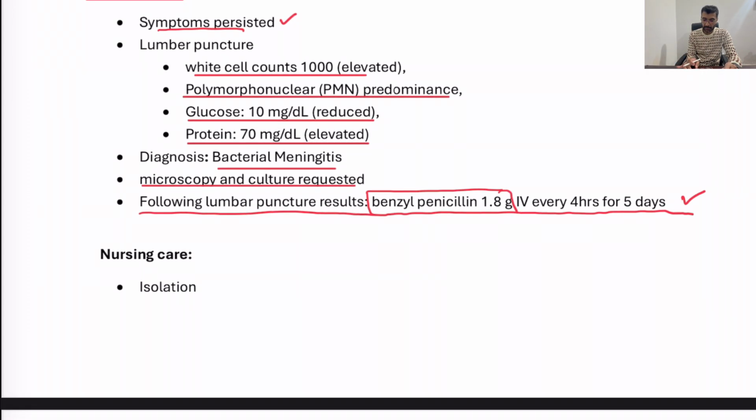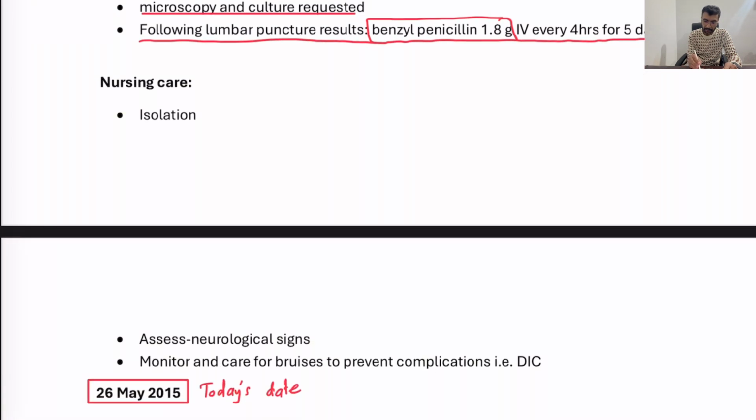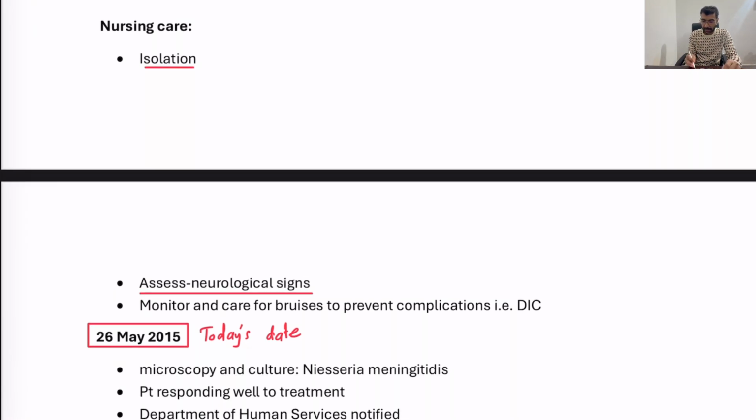Then nursing care. With regard to nursing care, the patient was isolated. The patient was assessed for neurological signs, like seizures. Then monitor and care for the bruises to prevent complications.